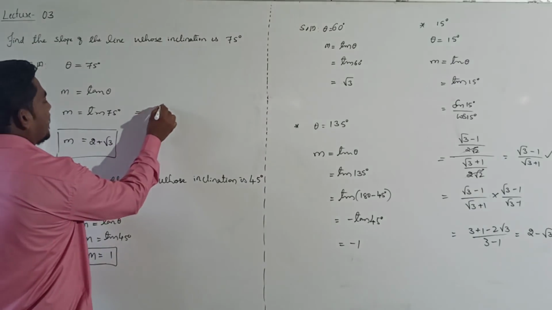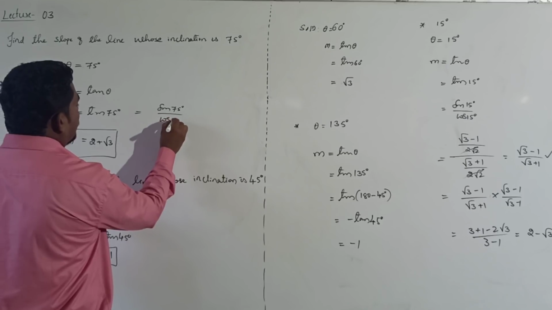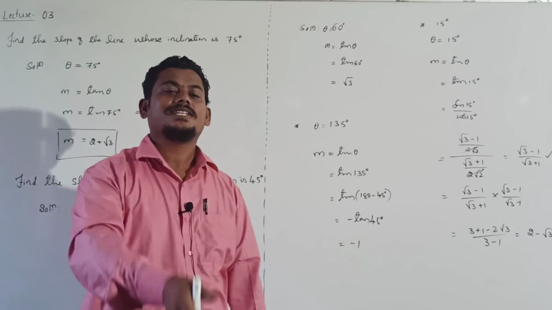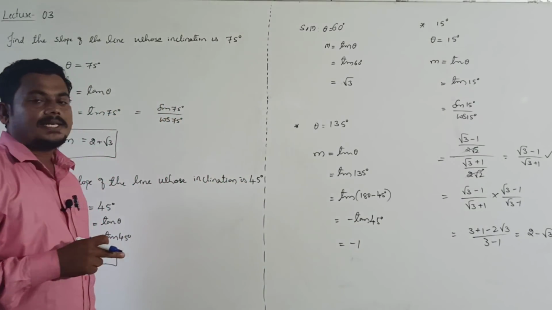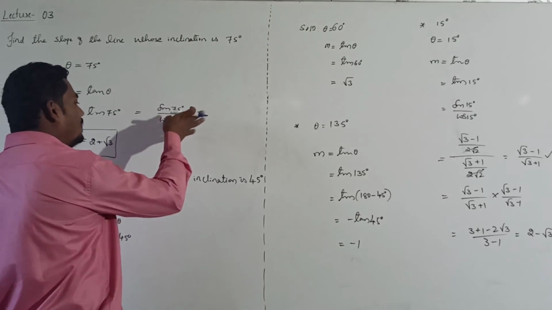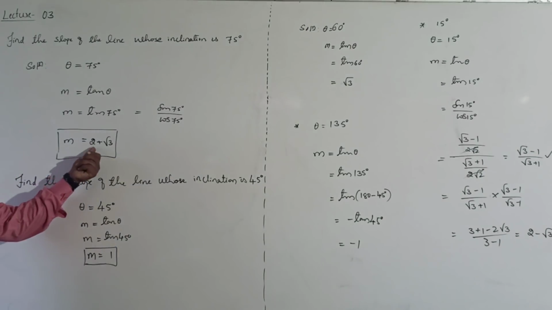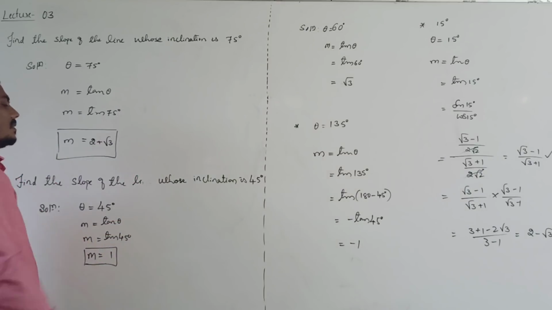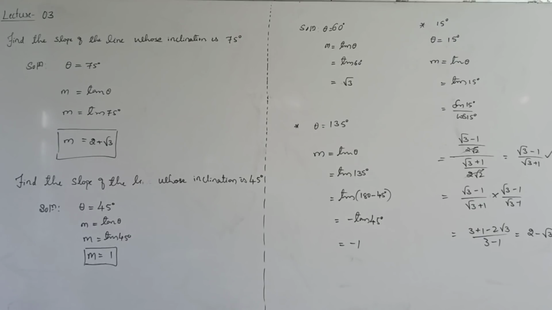If you don't know sin 75 and cos 75, then again split: sin of 45 plus 30. 45 plus 30 is 75. Apply sin of a plus b and cos of a plus b, simplify and rationalize. Lastly you get 2 plus root 3, right? Next problem.